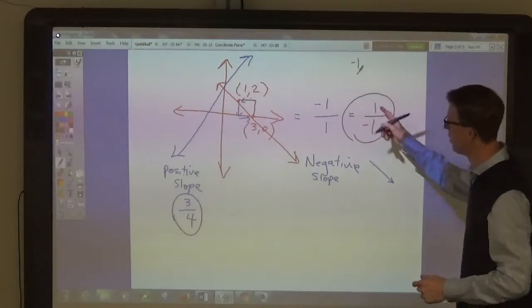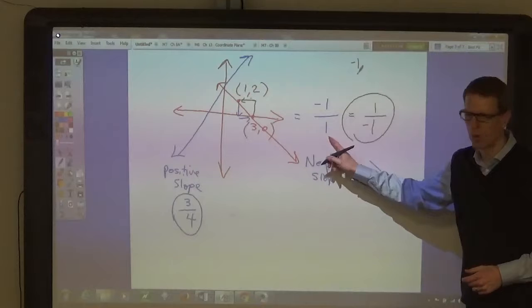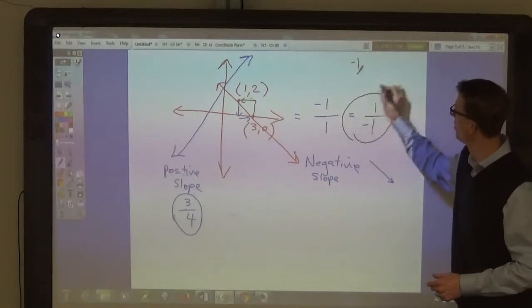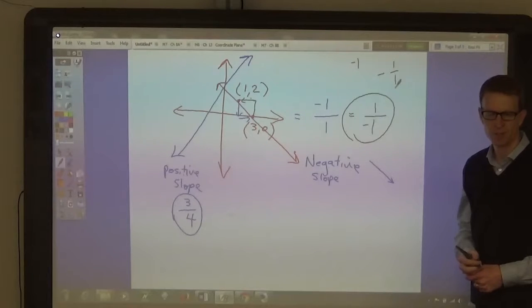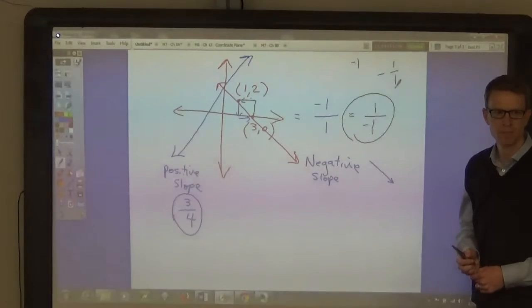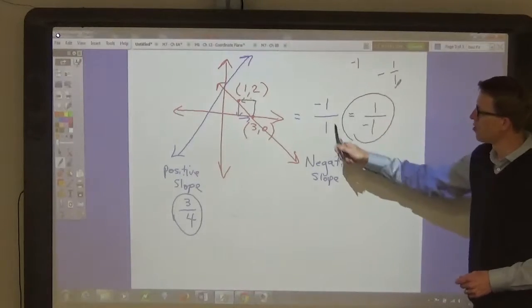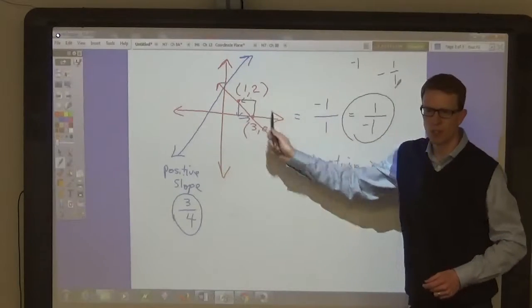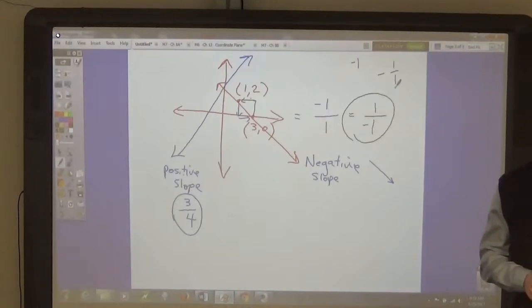So write it as 1 over -1, or -1/1, like this. Okay? Because each number refers to a move on a graph. So both numbers are important. Okay?